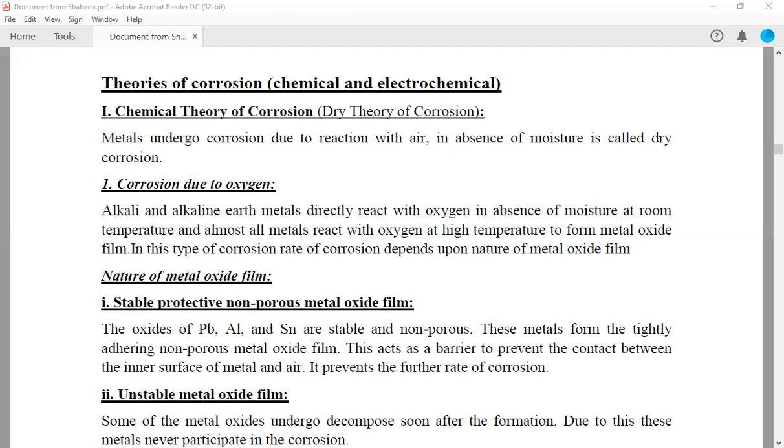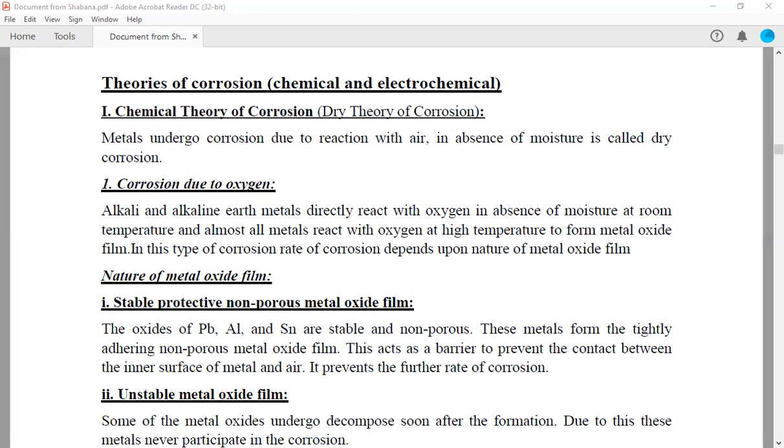In this, the corrosion occurs mainly through the direct chemical action of the environment or atmospheric gases such as oxygen, halogen, hydrogen sulfide, sulfur dioxide, nitrogen, and anhydrous inorganic liquid with the metal surfaces.